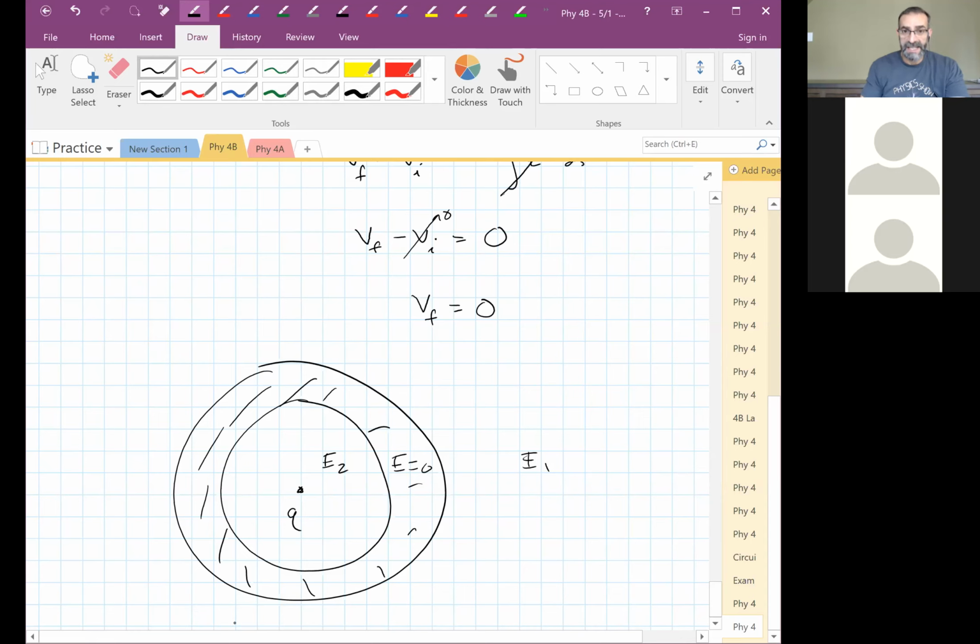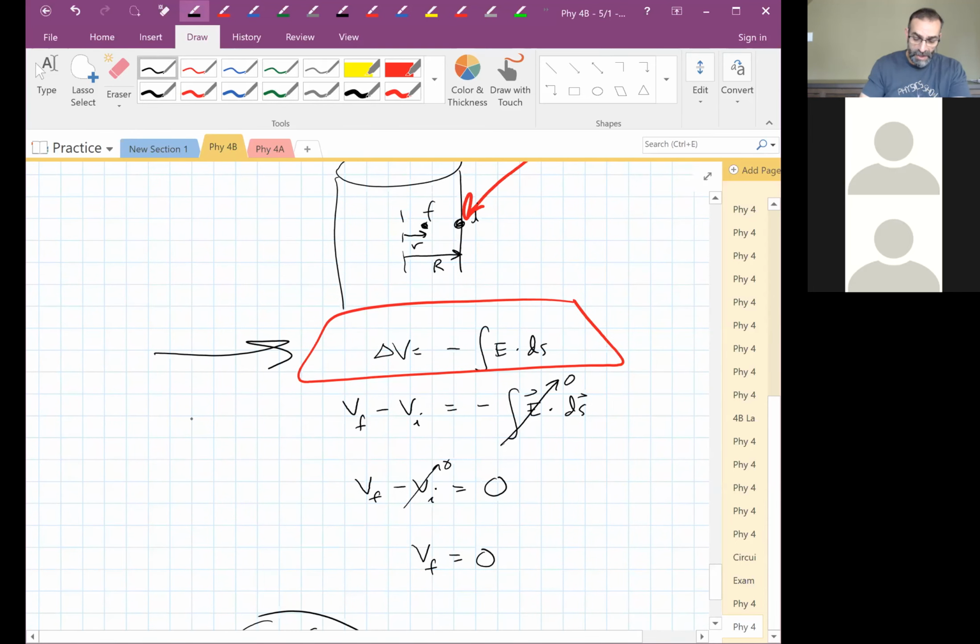So if you're finding the electric potential everywhere, you start maybe V equals 0 at infinity. You start there and you work your way in until you get to this point. And then you start again. You start here because now you know what the potential is here, and you work your way in until you get to this point. And then you stop there and you work your way in, because you have to break up this integral. It only works where you know what the electric field is. So every time the electric field changes, you have to stop and reboot.